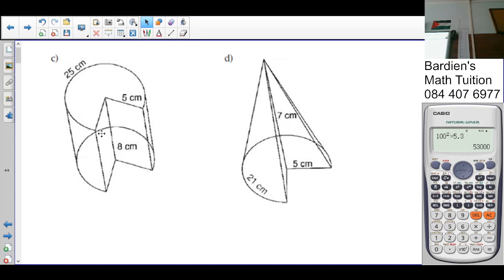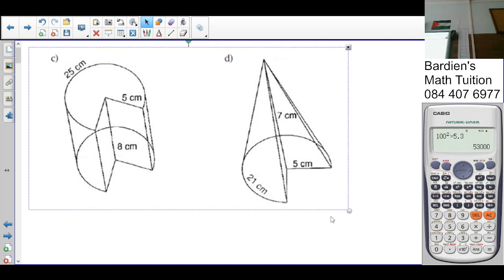Yes, this one. If it's a cylinder with a cut out piece then, eh? Yeah, relax. Okay. It's okay. Relax your body.